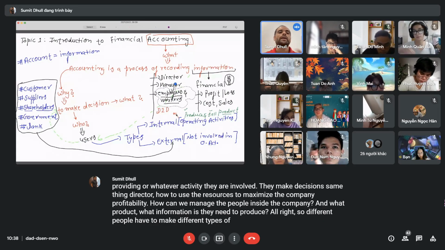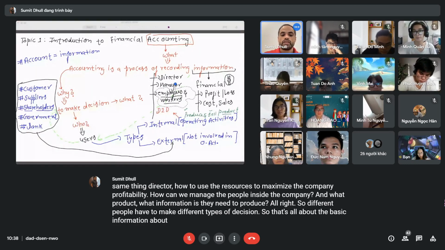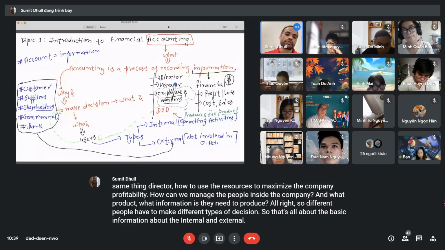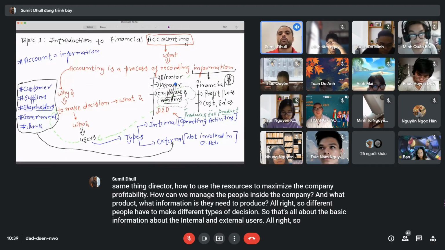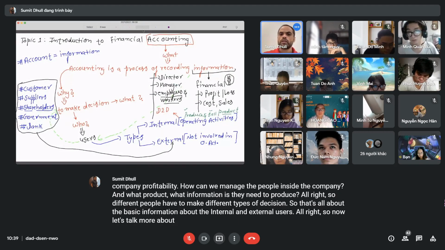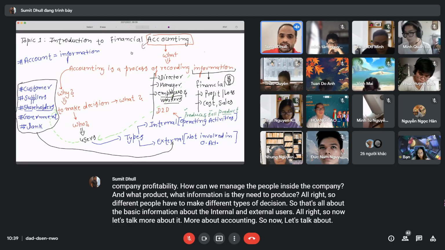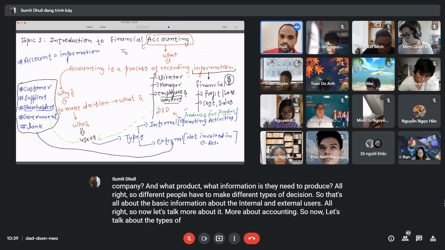So that's all about the basic information about internal and external users. All right. So now let's talk more about accounting, the types of accounting.